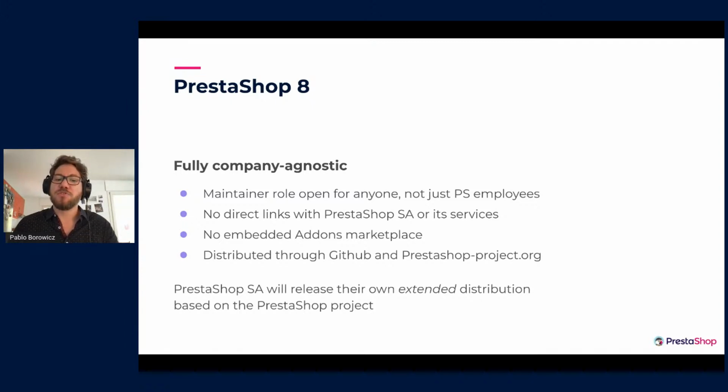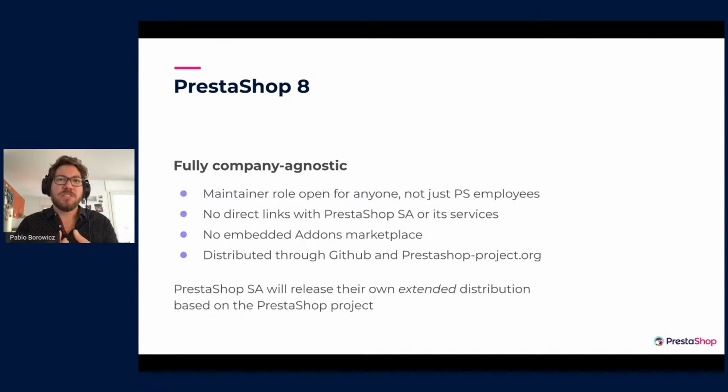You won't be able to download PrestaShop 8 open source from PrestaShop.com, but the PrestaShop company will create a new extended distribution of this open source project by building on top of it, adding services and features, and distribute it through their own site.